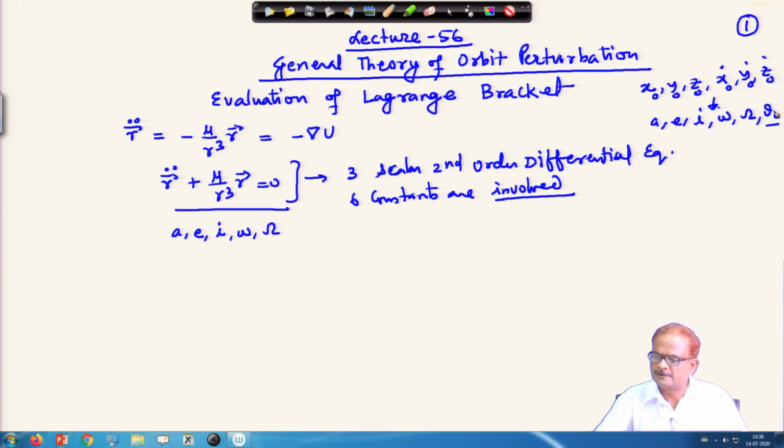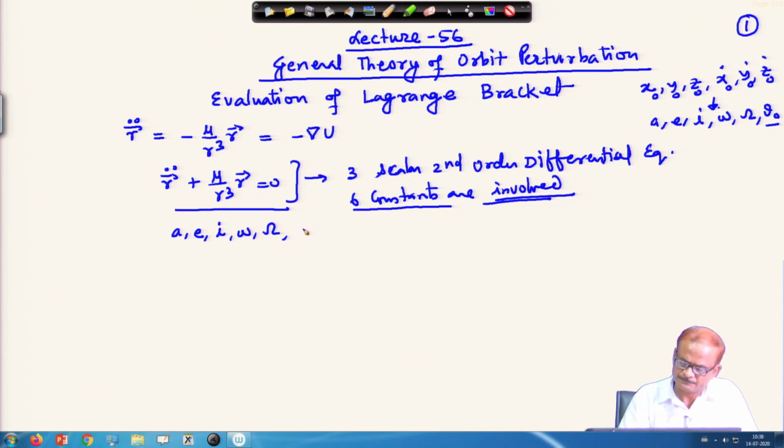But since there are 6 constants involved, the last constant we will identify with what we write as sigma. Where is it appearing from?